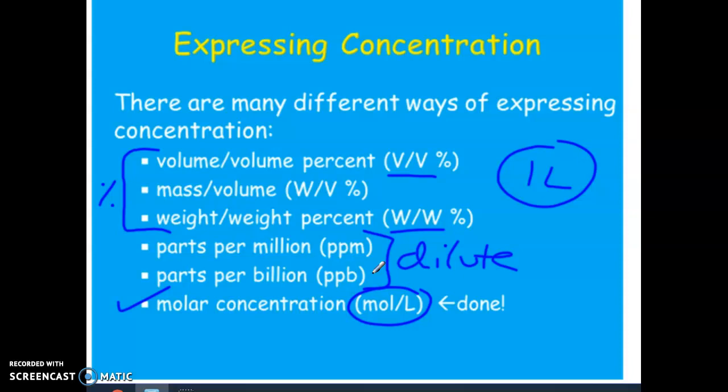If you want to know how much chlorine is in there, chlorine ions, or what is the salt component, or let's say there's a pesticide in the water. The amount of items that are in the water are typically very, very tiny. So, for example, if you're dealing with blood samples, so if you're looking at, let's say, a toxin that's in a person's blood, or a person has cholesterol, they want to know the percentage of cholesterol in their blood.